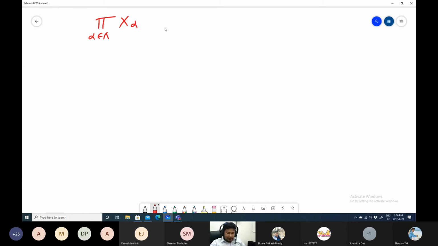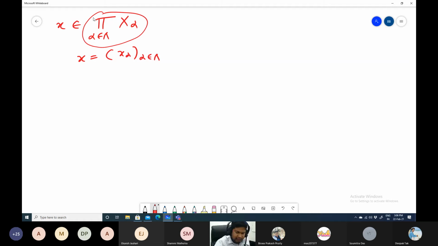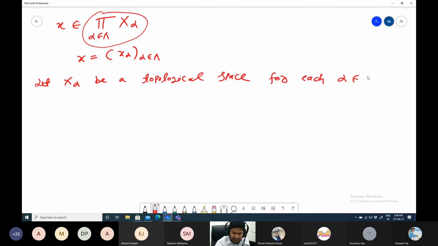So we generally write x belongs to this product, meaning x can be written as some x alpha, alpha belongs to the index set. Now there are two ways to give a topology on this space. So let X alpha be a topological space for each alpha.